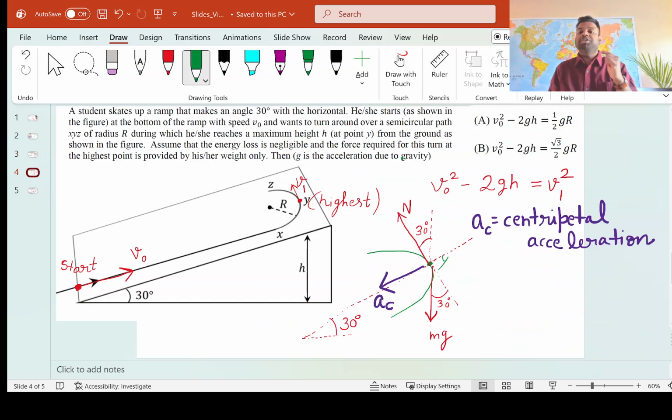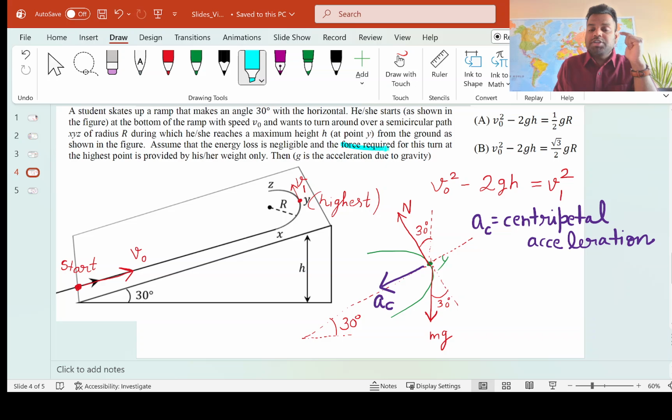So go to the next key point, which is that the force required at the highest point for the turn is provided only by the weight. So let us look at point y and analyze what is happening. There is a normal force by the ground because you have weight mg acting downward, right?